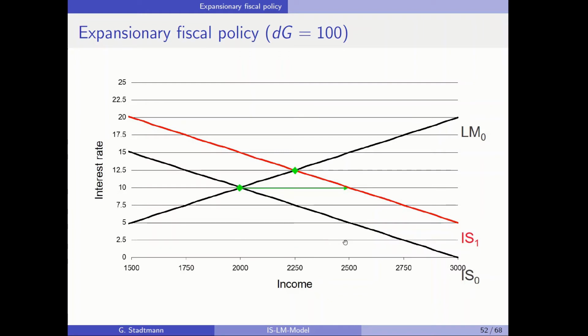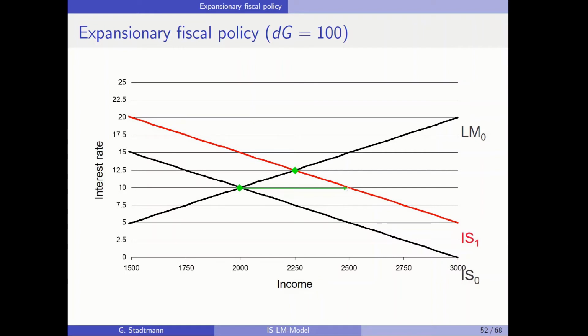What we can see here is that in a pure goods market model in chapter 3, the GDP would increase from 2000 to 2500. The multiplier would be equal to 5, so that an increase in government spending of 100 units would increase GDP by 500 units. But here in chapter 5, the income multiplier is smaller. GDP only increases by 250 units and not by 500 units.